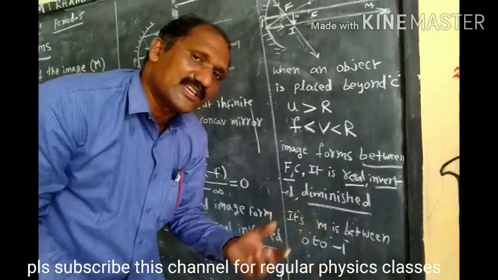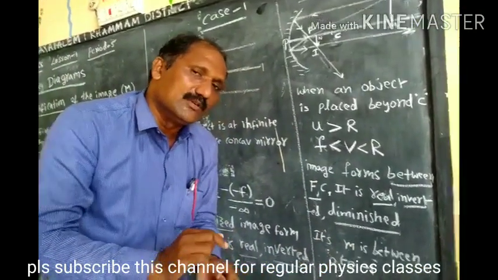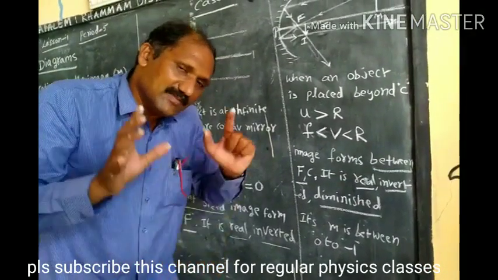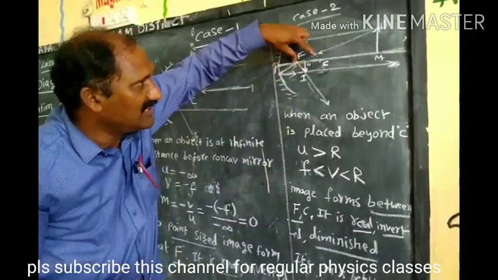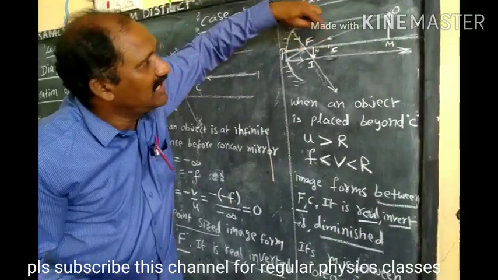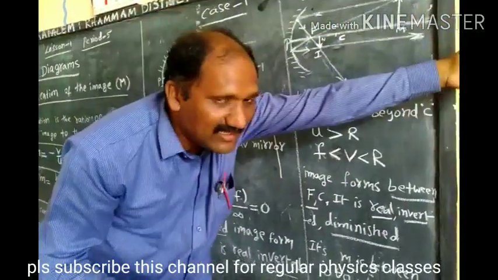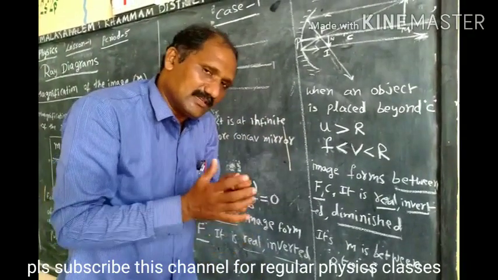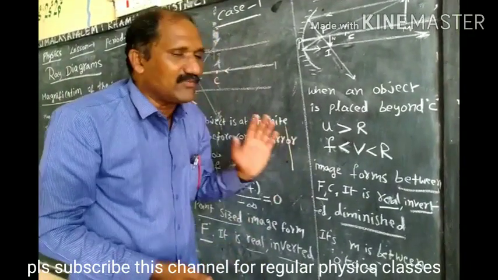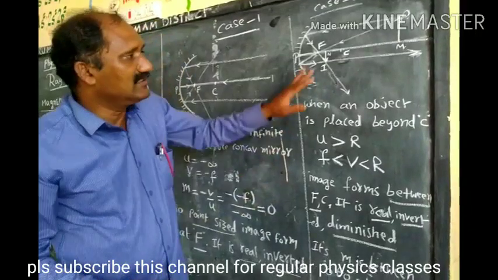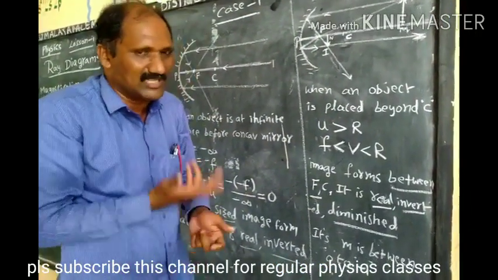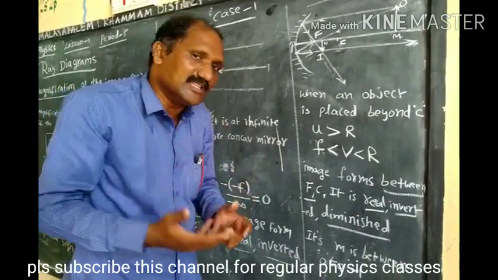If the magnification is given as minus 1/2, minus 3/4, minus 5/6, we have to know that the image is formed between F and C, and the object is placed beyond C. These types of questions occur in our examination. That's why we have to keep in mind that the M values give more and more information about the object position and image position.